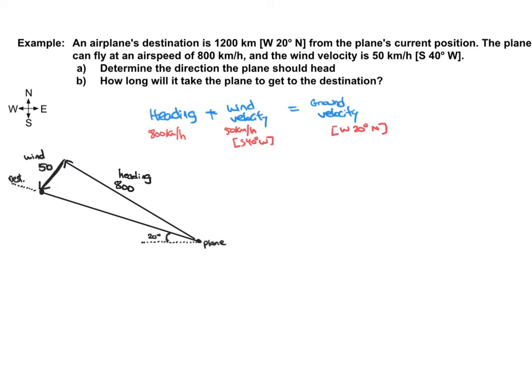So essentially, I'm gonna have the plane head that way at 800, but then the wind of 50 is gonna push the plane to kind of adjust its course to create this resultant ground velocity, which I will just label as V. That'll be my ground velocity.